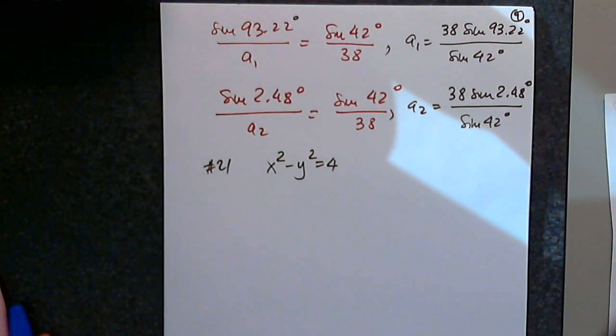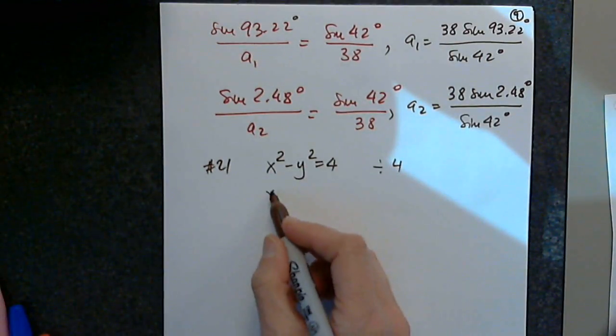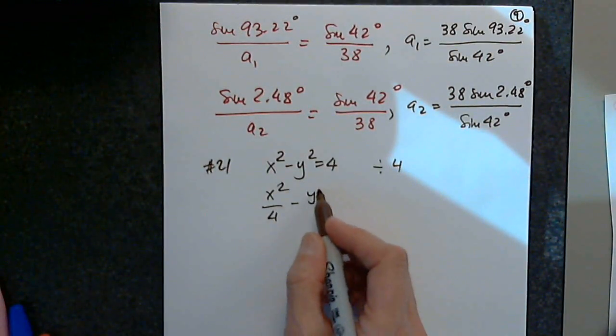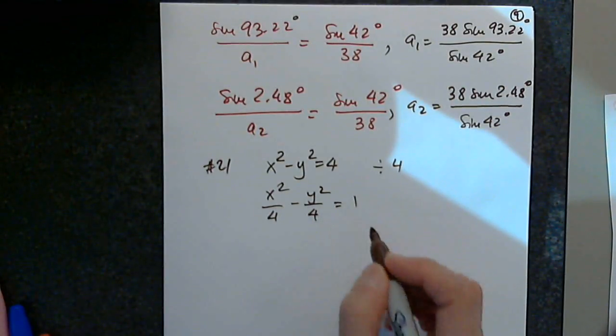So what do I have to do first? Divide by 4. Exactly. So then I have x squared over 4 minus y squared over 4 equals 1.